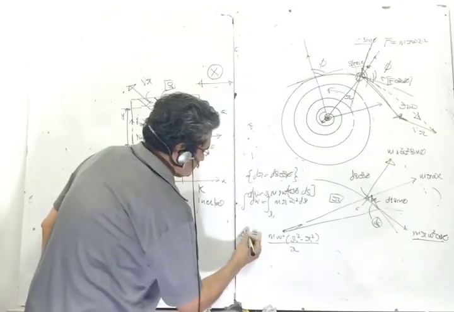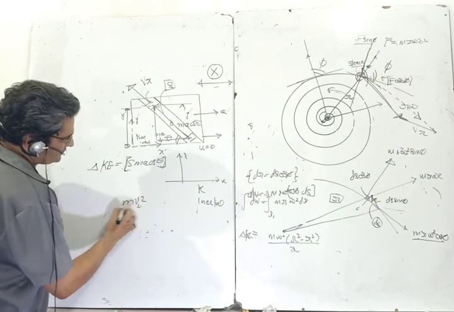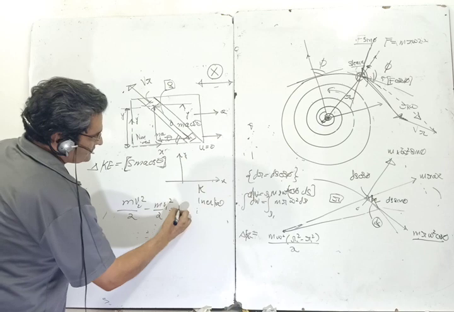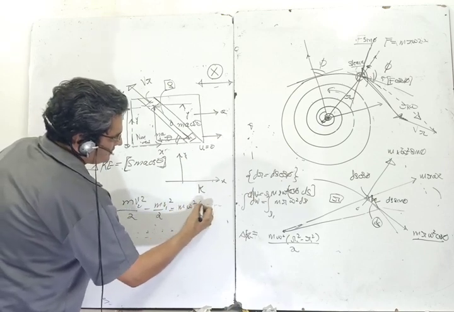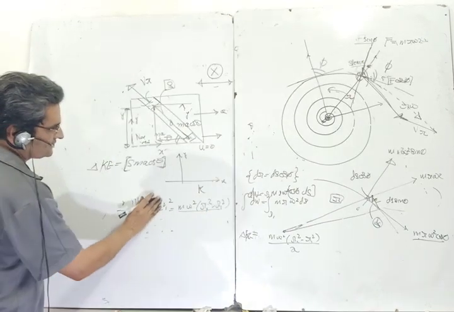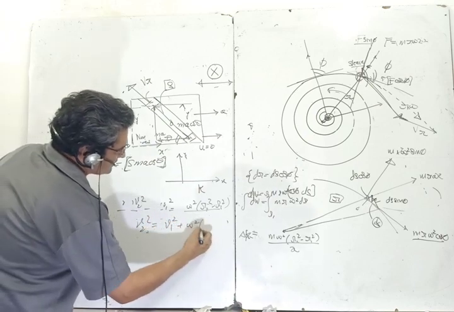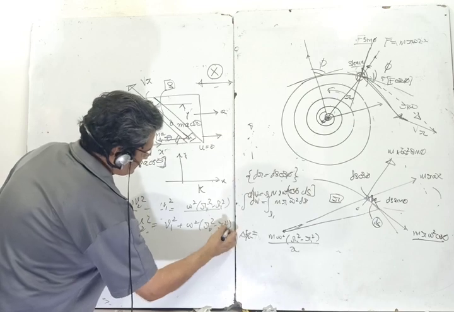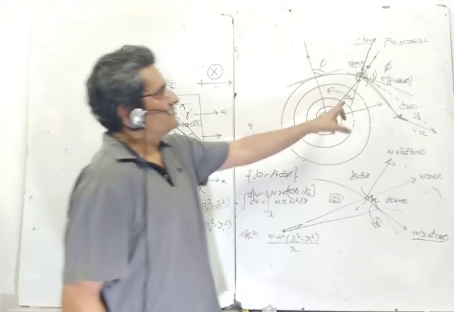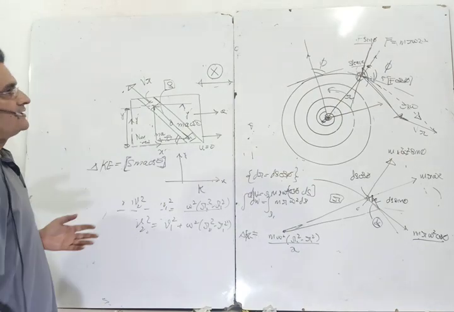This is your delta KE, or change in kinetic energy, which is nothing but final kinetic energy v2 square upon 2 minus initial kinetic energy v1 square upon 2 is m omega square (r2 square minus r1 square) upon 2. m gets cancelled, you get v2 square is equal to v1 square plus omega square (r2 square minus r1 square). So depending upon what is given in the question, you can find the result, but this is the relative velocity. For absolute velocity, you will have to do more work, but absolute velocity may not be asked in some questions.